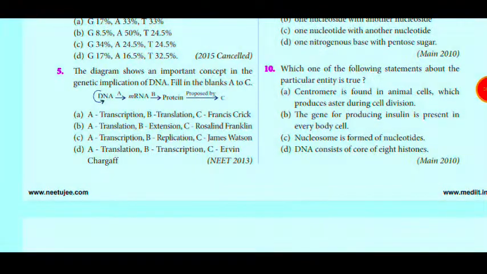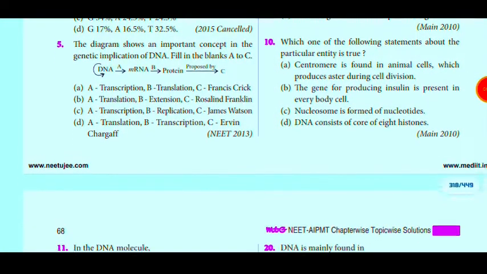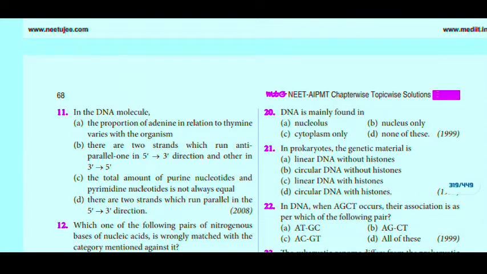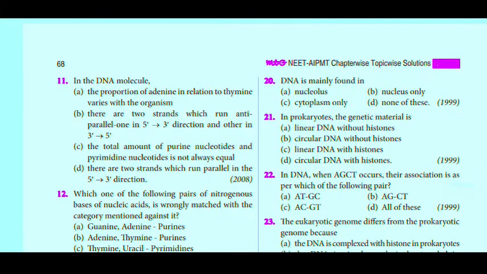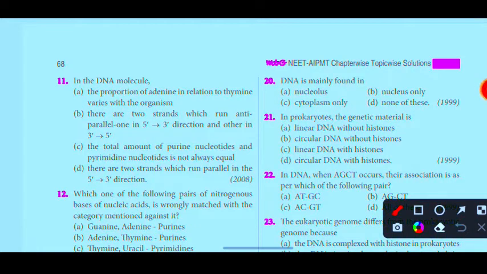Next question is 11th. In the DNA molecule, option A is the proportion of adenine in relation to thymine varies with the organism. Option B is there are two strands which run anti-parallel, one in 5' to 3' direction and other in 3' to 5'.